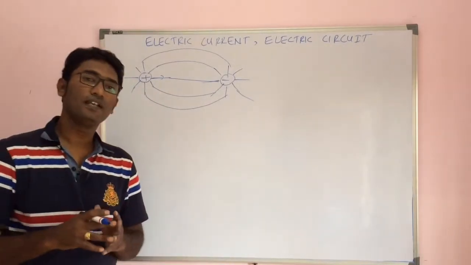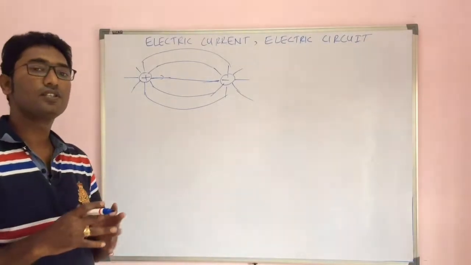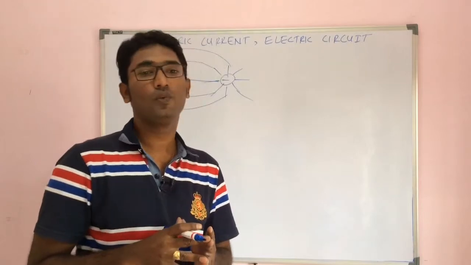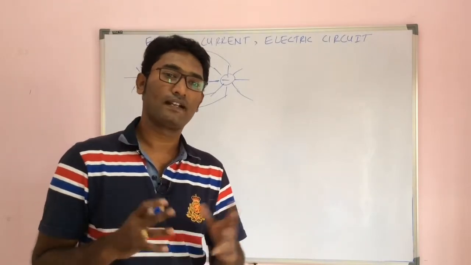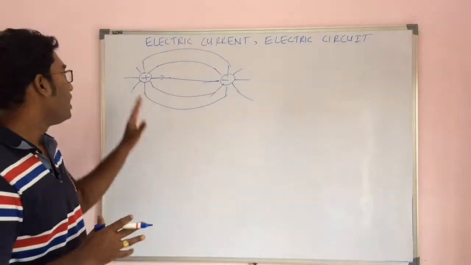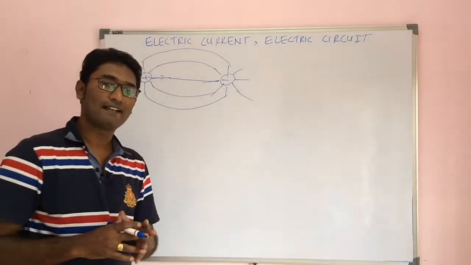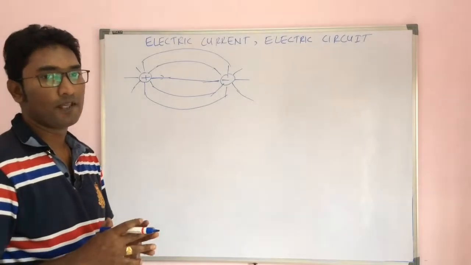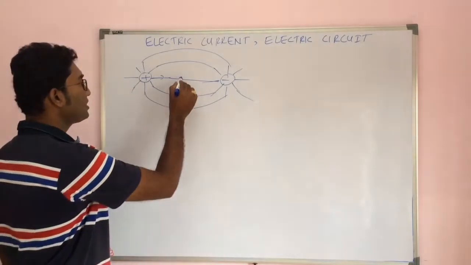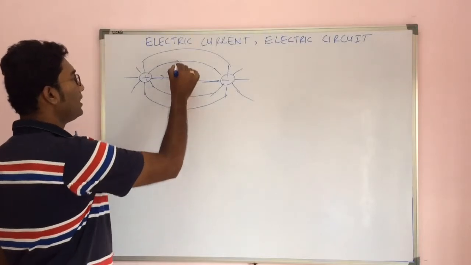An electric field is a region in which electrostatic force of attraction or repulsion can be experienced. Here a positive charge and a negative charge attract each other, and Benjamin Franklin gave a direction to this, from the positive charge to the negative charge.